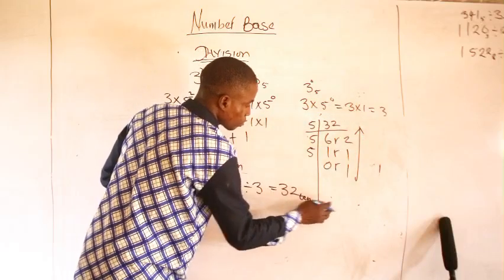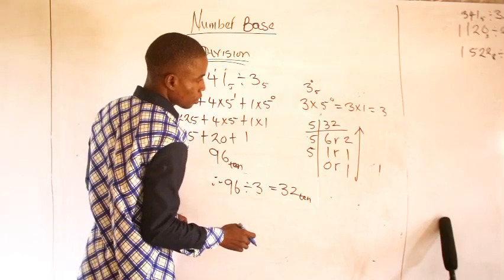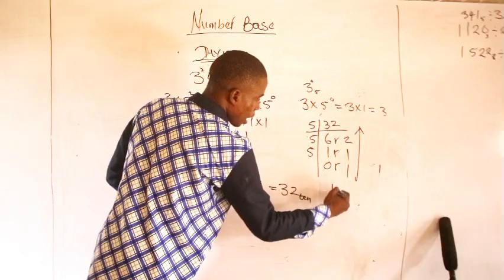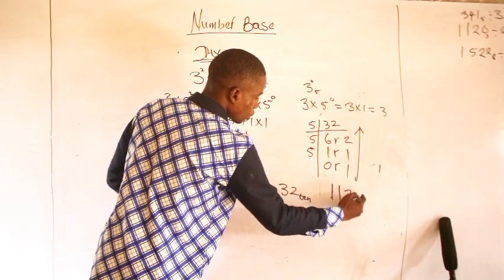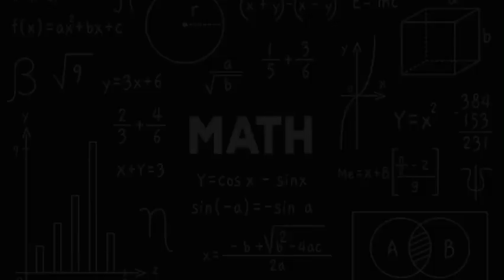Now the answer is, no, it's 7. 5 times 7 is 35. Okay, start this way, correct? Now it will be 112 base 5. That's the answer. Okay, let's go.